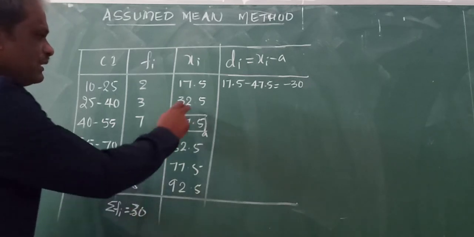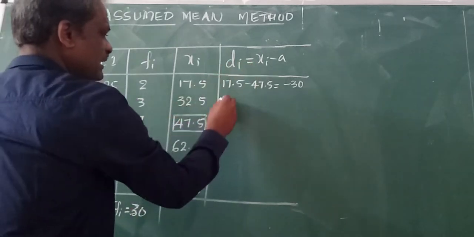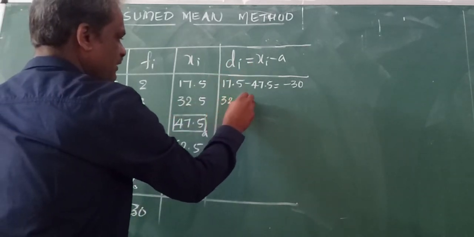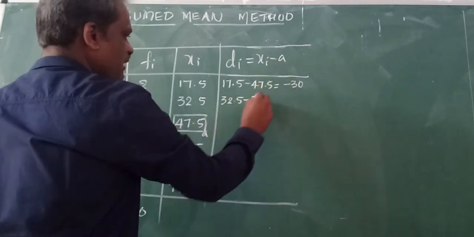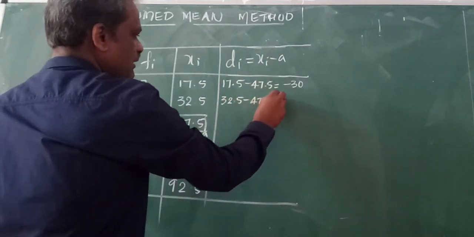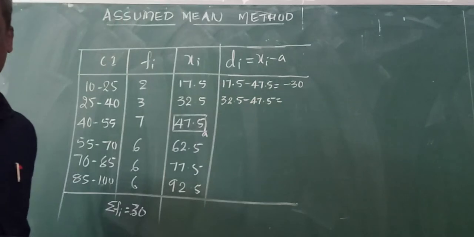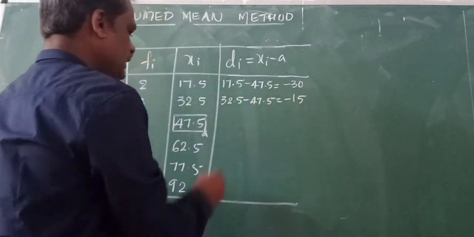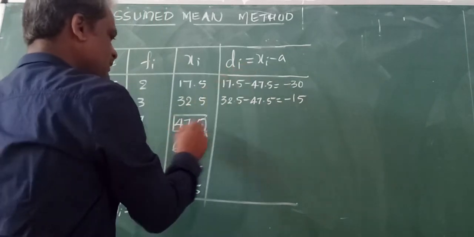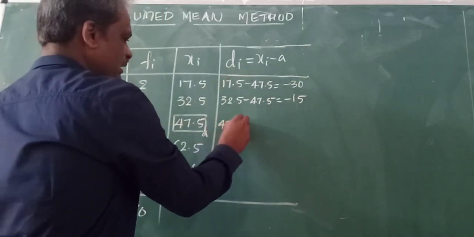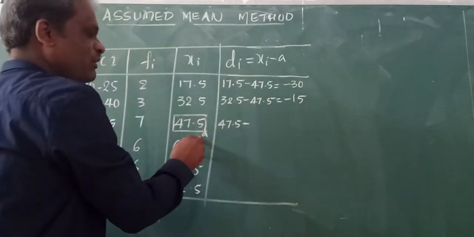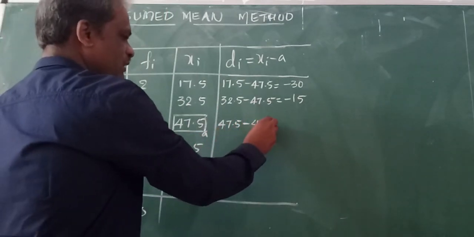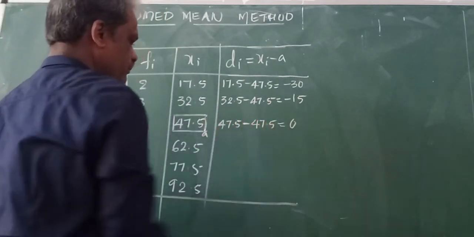Then the second xi, 32.5 minus the same assumed mean value 47.5, the difference is minus 15. Then xi is 47.5, minus the assumed mean value 47.5, so your answer is 0.